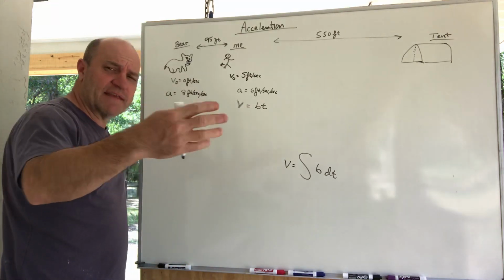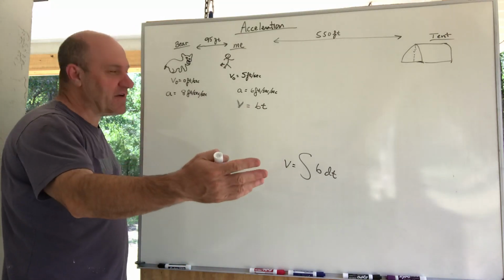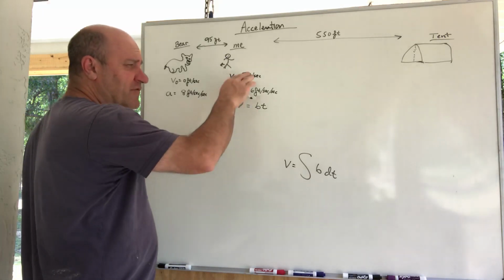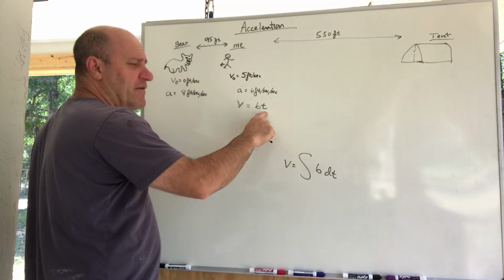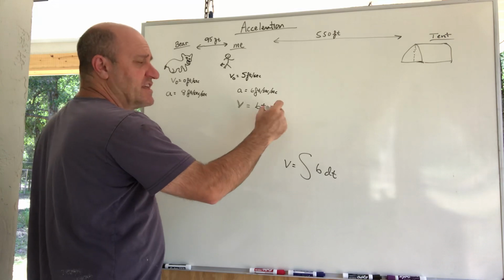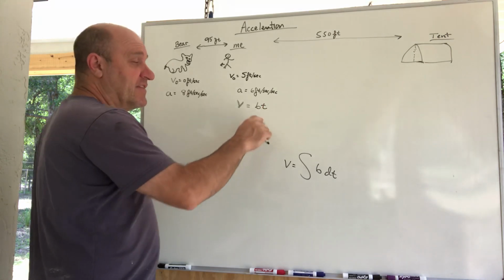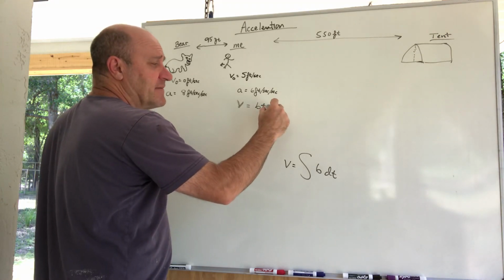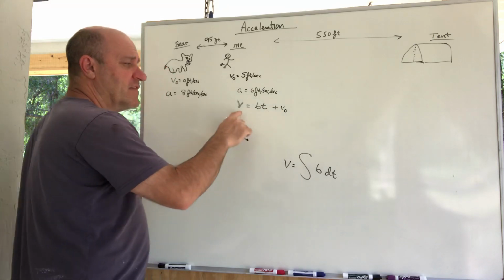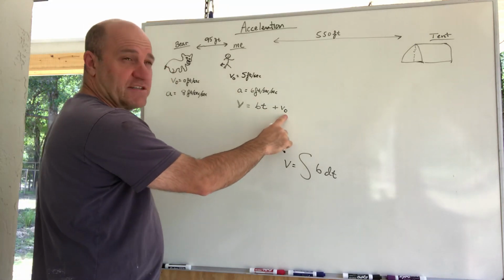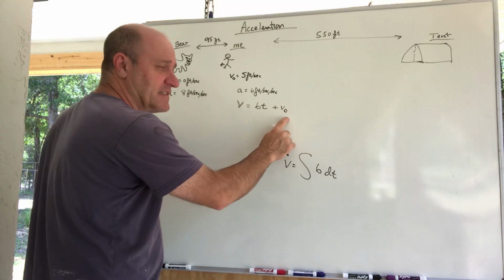When we integrate, we get the plus c, the arbitrary constant. In these equations, the arbitrary constant in the velocity equation, the plus c, is the initial velocity.